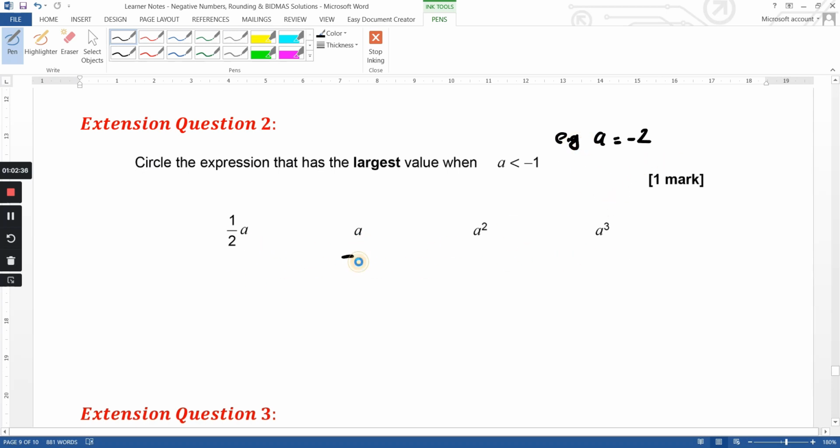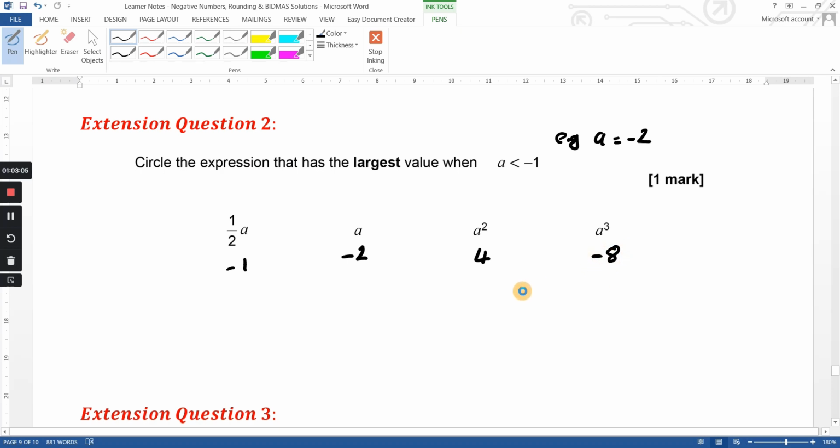Well, that's minus 2. Half of that is minus 1. And that's going to be minus 2 squared, which is minus 2 times minus 2, which is a positive 4. And a cubed, that's going to give you minus times a minus is a plus, times another minus is a minus 8 for that one.